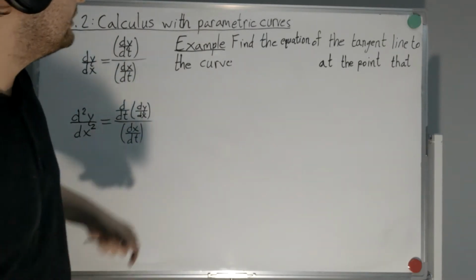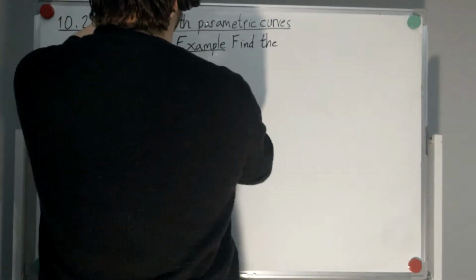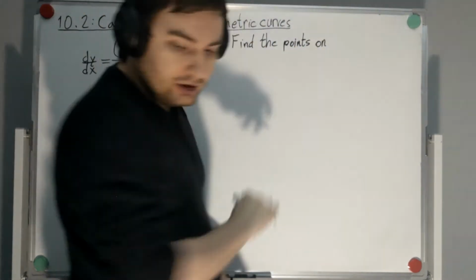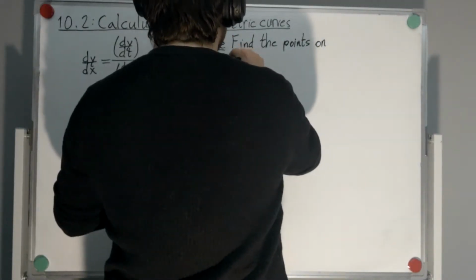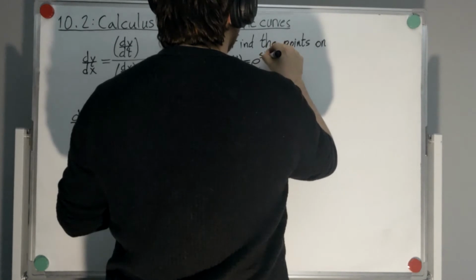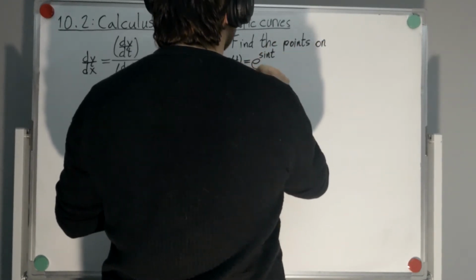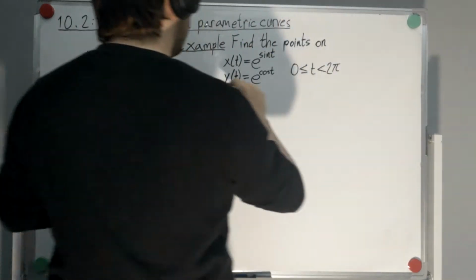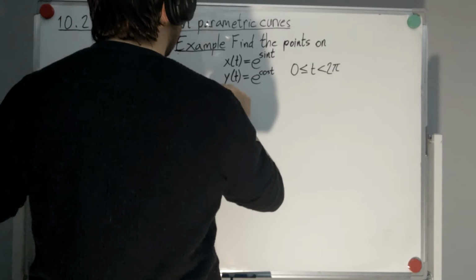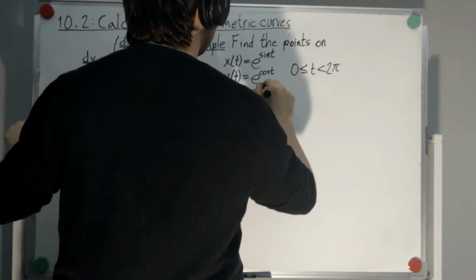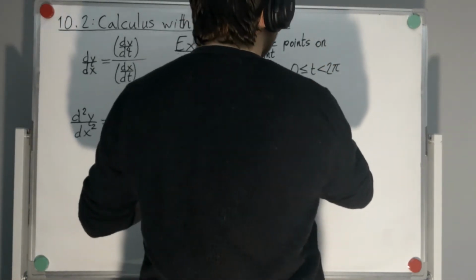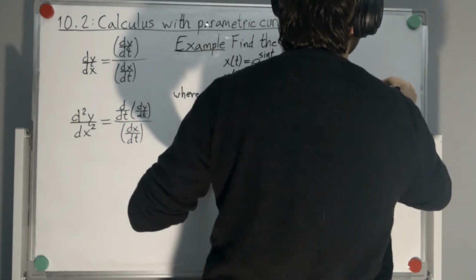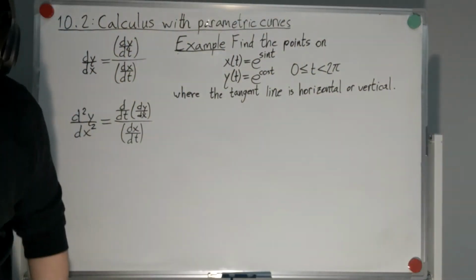So we can say, for example, in this one, find the points on the curve x of t equals e to the sine t, y of t equals e to the cosine t, for t being between 0 and 2 pi, where the tangent line is horizontal or vertical. Okay.